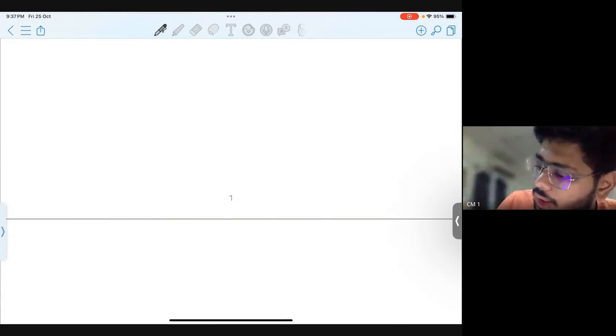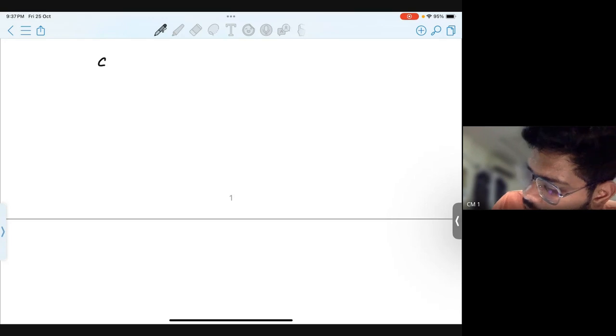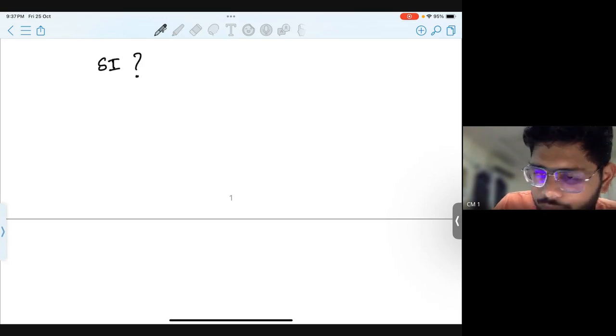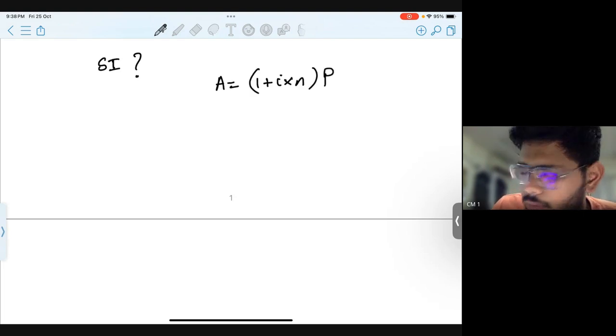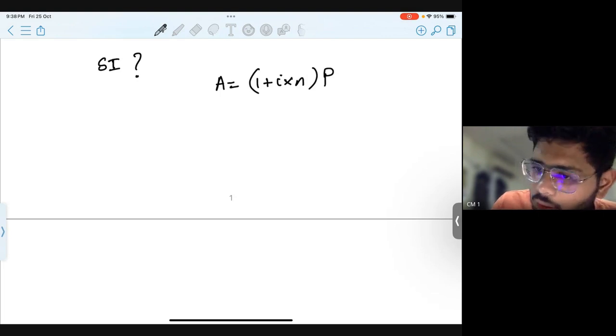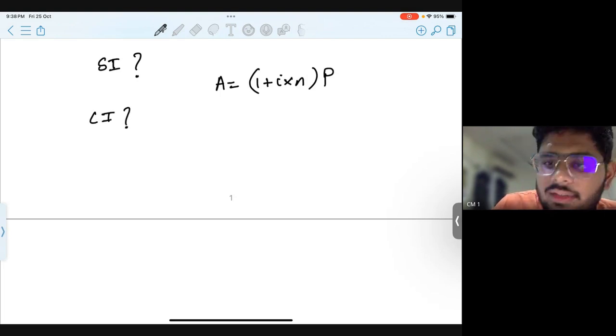Everybody familiar with the concept of simple interest? Simple interest is: amount is equal to (1 plus i into n) times P. Everybody familiar with compound interest?